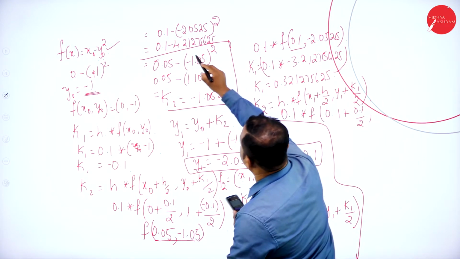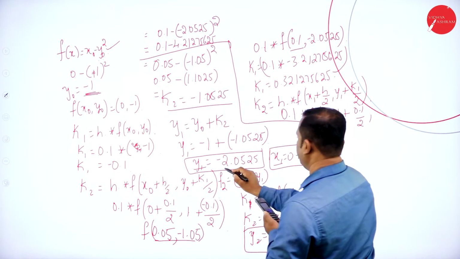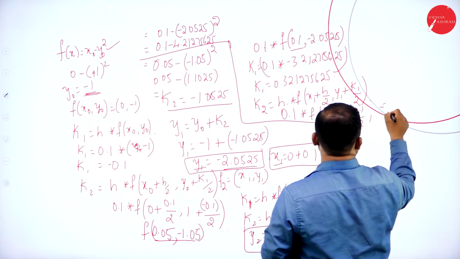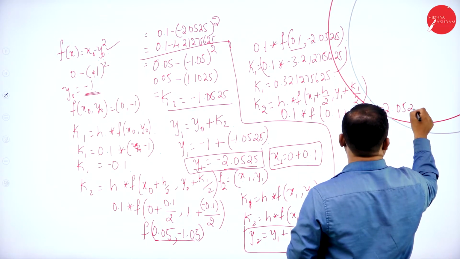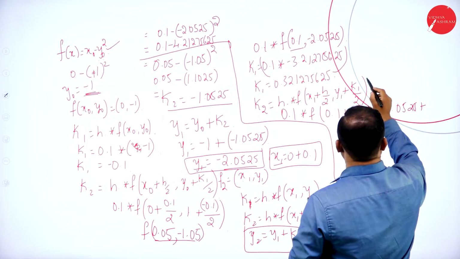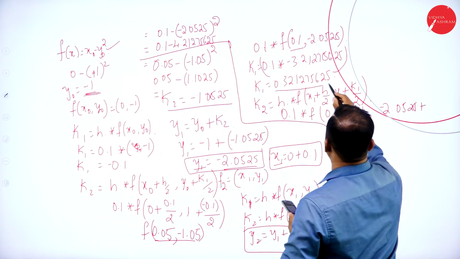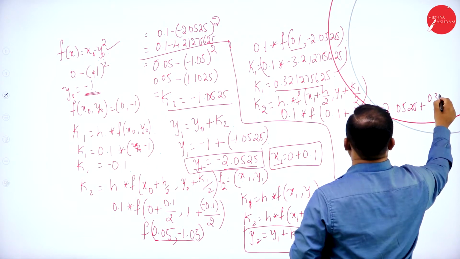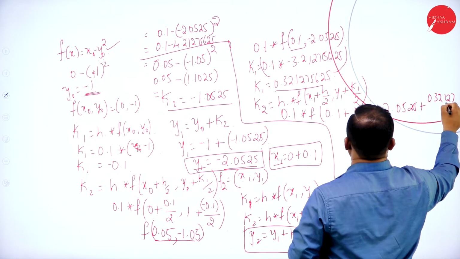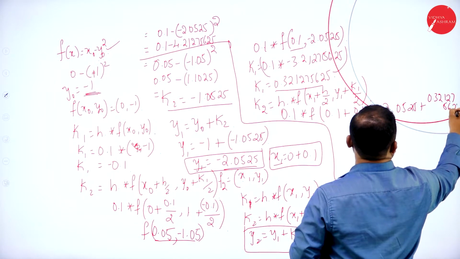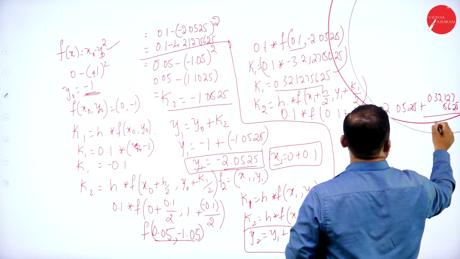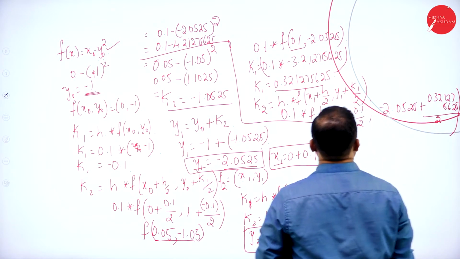What is the value of y1 we have here? We have obtained this here. Minus 2.0525 plus k1. What is the value of K1 we have obtained? That is this, 0.321275625 divided by 2. That means this is the value I am getting now.